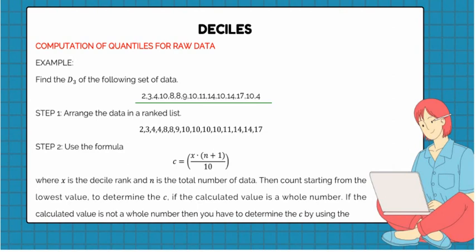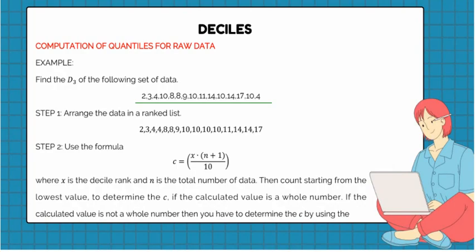You arrange it from lowest to highest or either highest to lowest. As you can see, I arranged that one and then use the formula to determine the location of our D sub 3 for this case, or our third decile or any other decile that we want to locate. So that is C is equal to X times (N plus 1) divided by 10, where X is the decile rank and N is the total number of data.